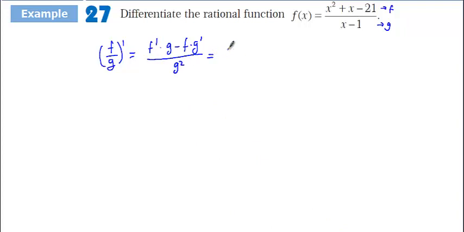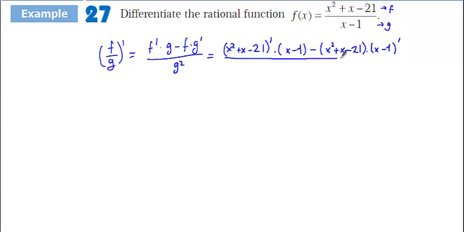Then it's going to be equal to x squared plus x minus 21 derivative times x minus 1 minus x squared plus x minus 21 times x minus 1 derivative, all over x minus 1 squared, it must be.